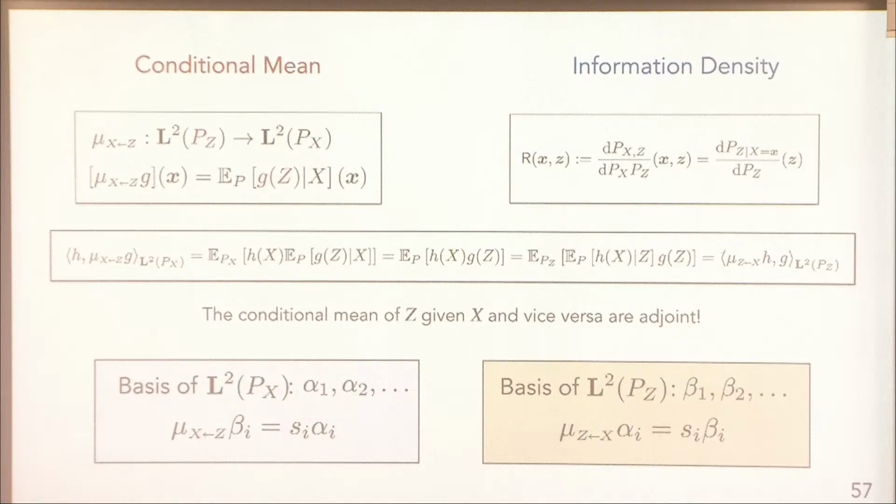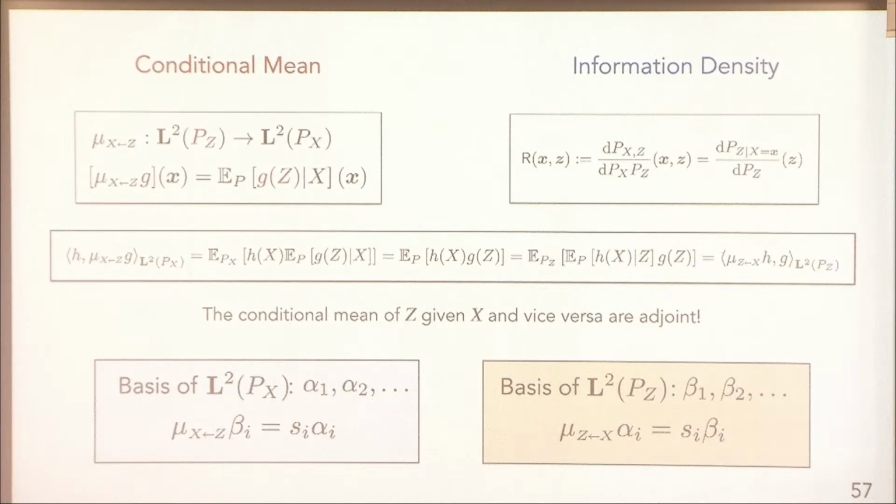So you can relate this to the conditional mean operators by conditioning on X. Now you have this nonlinear conditional expectation. Then you multiply it by h of X, and then you get this compact representation of this function, which is the projection of the conditional mean operator evaluated on g onto the direction h, right? Under the marginal distribution P of X.